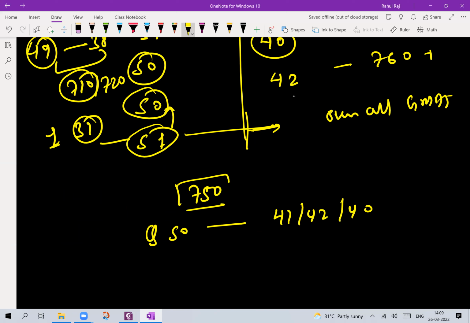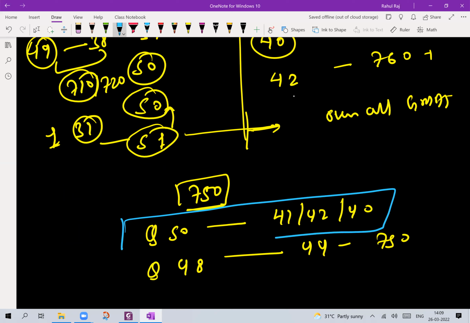You can also get 750 with quant 48 and verbal 44. But trust me, the first score will always be preferable for your admission purpose. Quant score is extremely important for the school that you are targeting, and overall GMAT score will be increased when your verbal score is good.